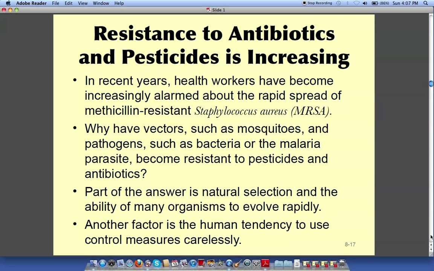Different things are happening in our world today where we are using antibiotics whimsically, and too many of them are being used, and resistance has increased. And this happens as well in the use of pesticides and herbicides.